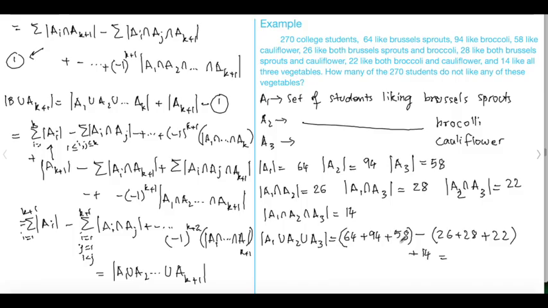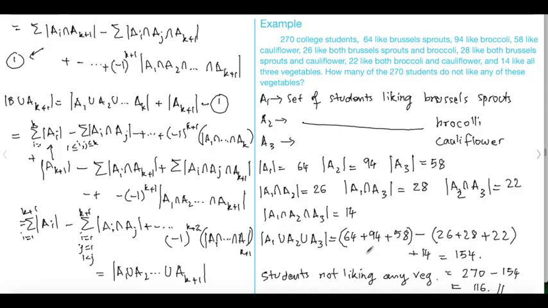So 94 plus 64 is 158, 158 plus 58 is 216, 216 minus 26 is 190, 190 minus 50 is 140, 154. So then the number not liking any vegetables is 270 minus 154, which is equal to 116.